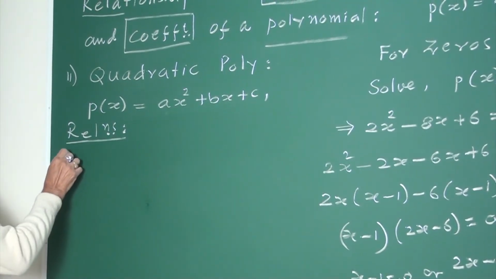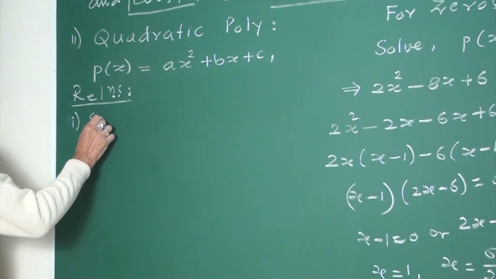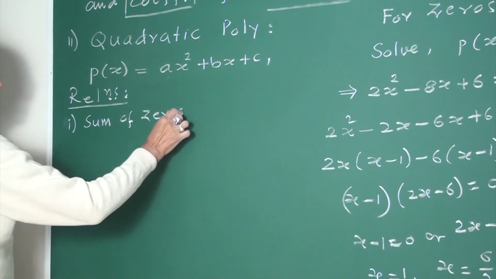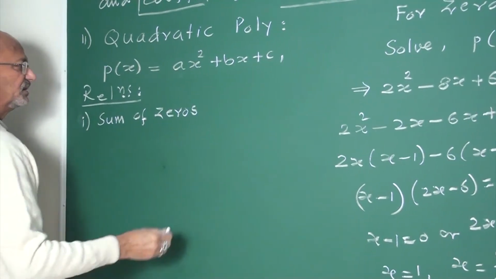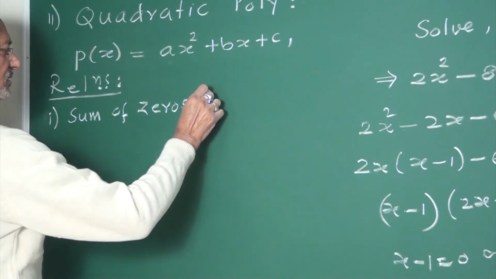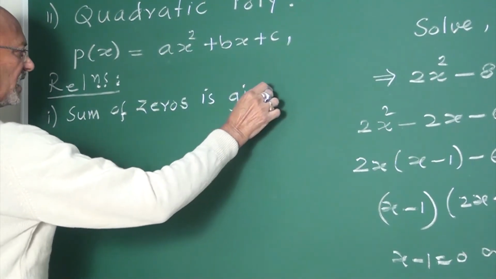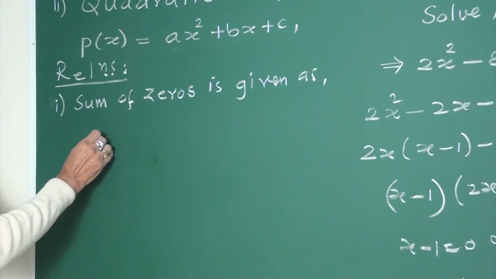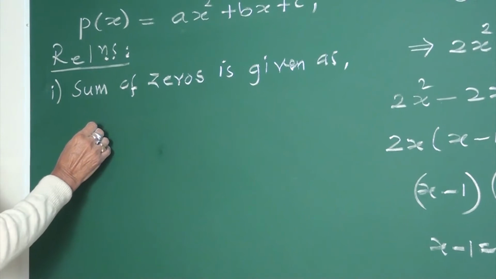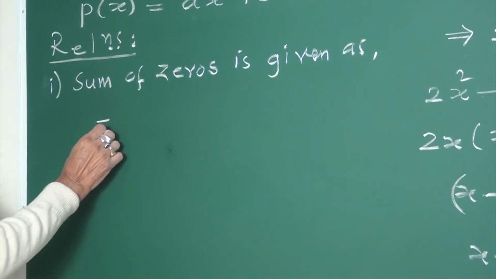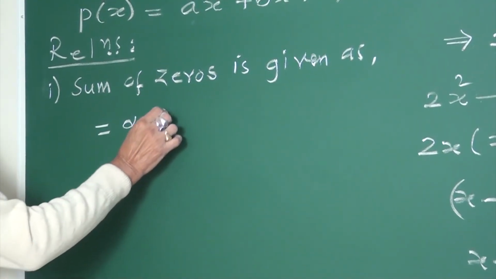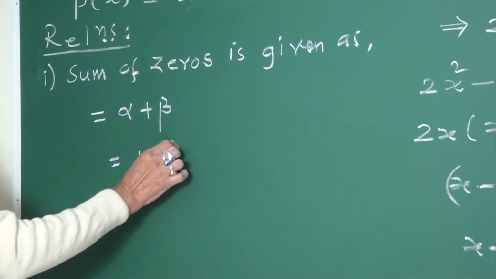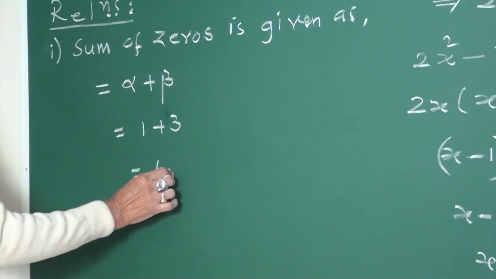First, sum of zeros. What is the sum of zeros? Equal to alpha plus beta. Alpha is 1 plus beta 3. What is 1 plus 3?